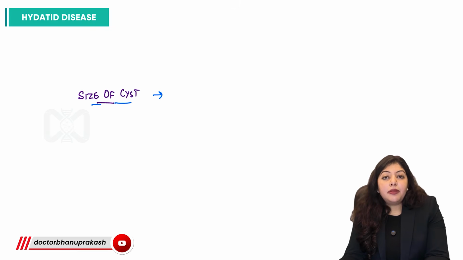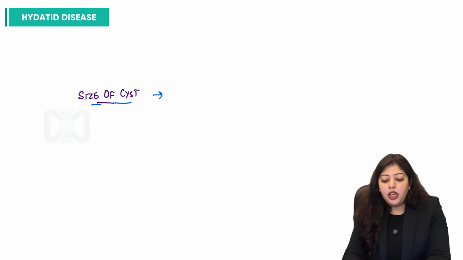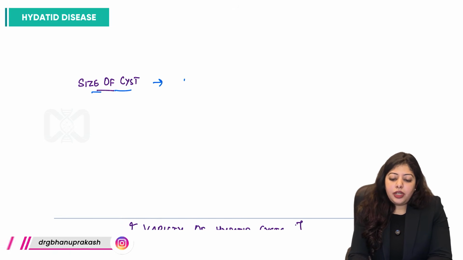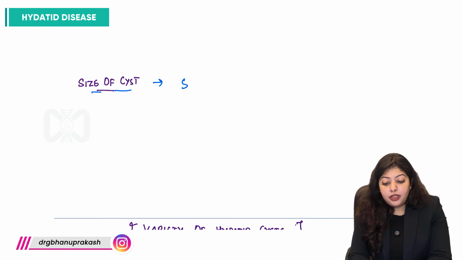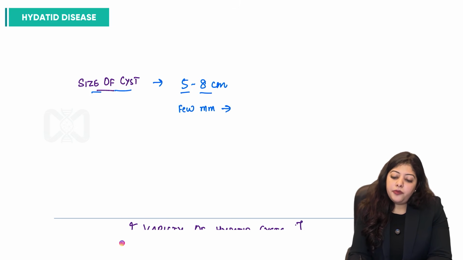And if they keep growing, they can go as big as more than 30 centimeters without getting ruptured, right? The average size remains at around 5 to 8 centimeters, but these can range from a few millimeters to more than 30 centimeters.